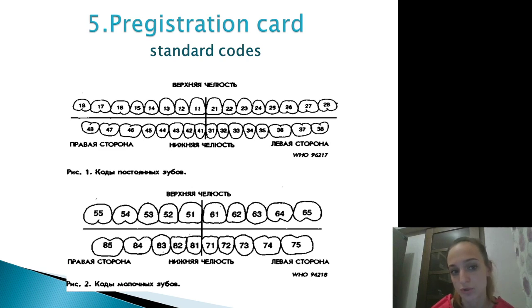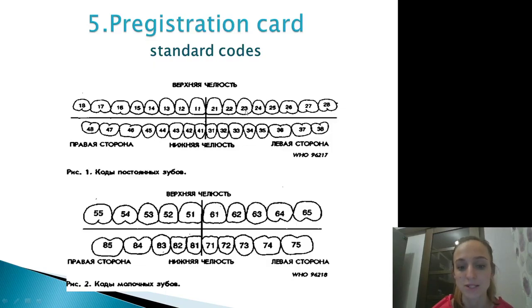For example, you should treat tooth number 1 and 6. Understand? It is the first sextant. The second sextant, for example, you treat tooth 24.